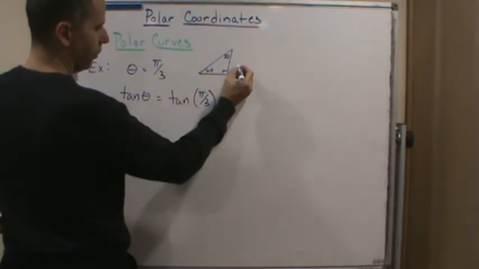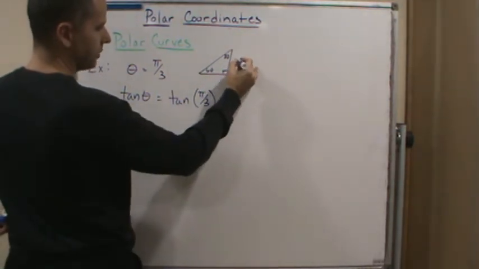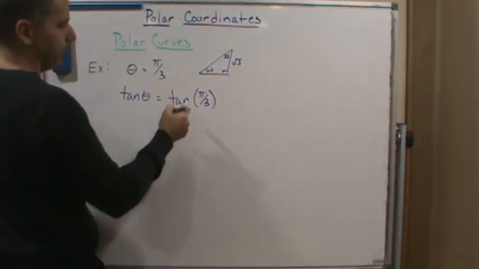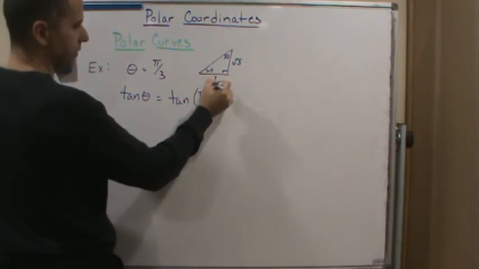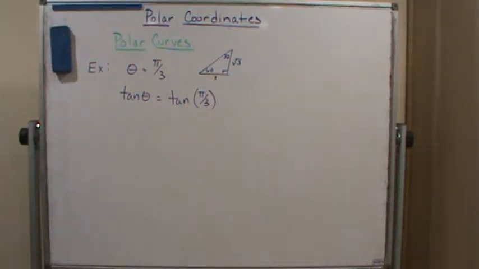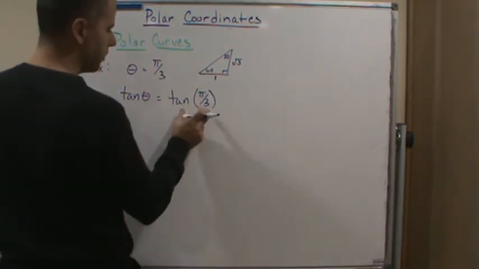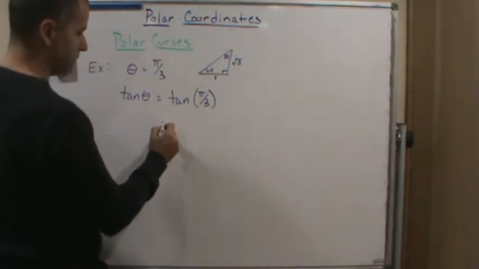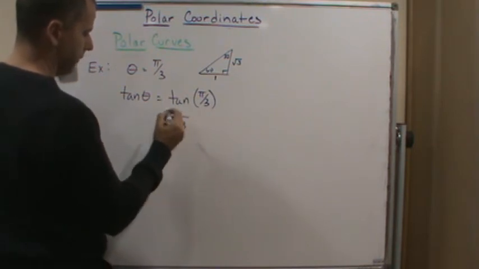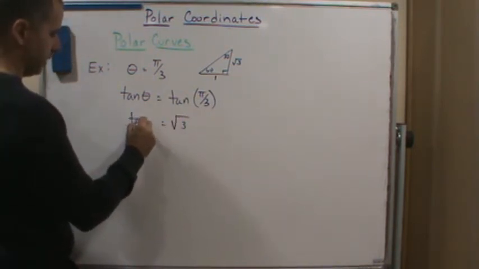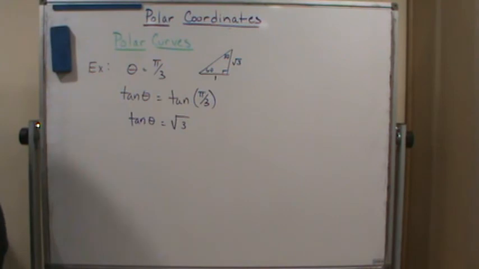So what's the opposite? Opposite here is the square root of 3. And what's the adjacent? The adjacent is 1. So tangent of pi over 3 is just the square root of 3. And so we get tangent theta equals the square root of 3.